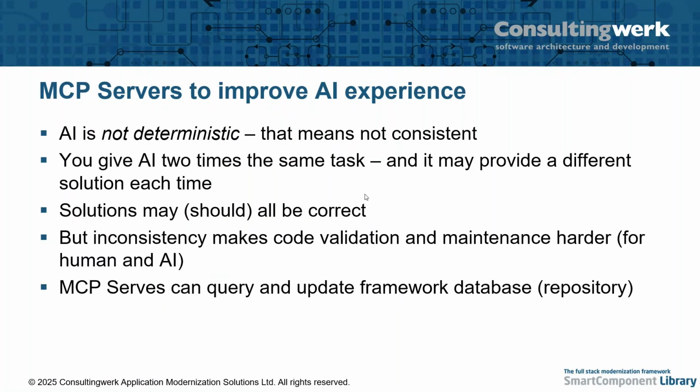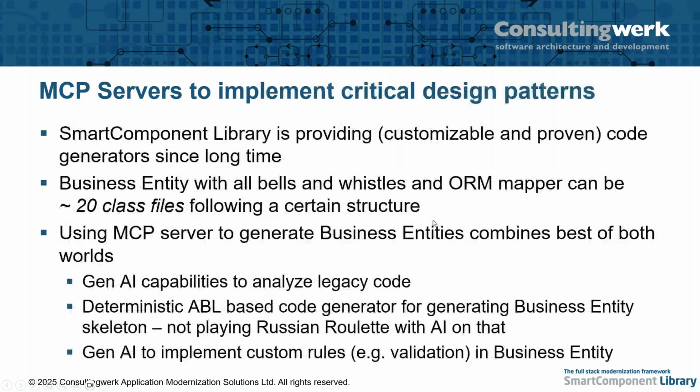And with all that, we provide either knowledge, or deterministic code generators, or access to our UI repository database, so that we can write in a controlled way data into an OpenEdge database which describes UIs.